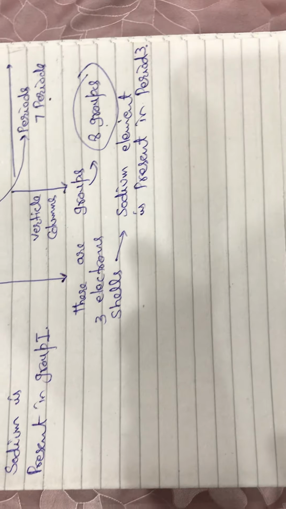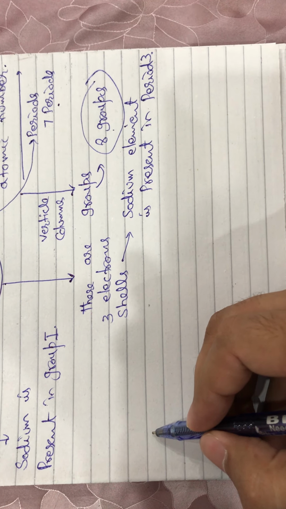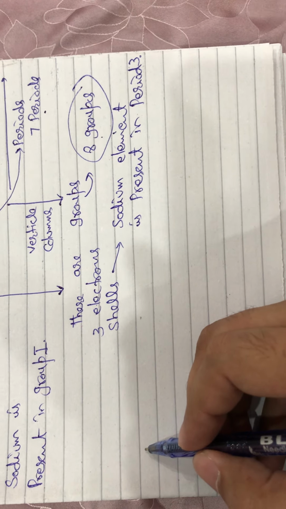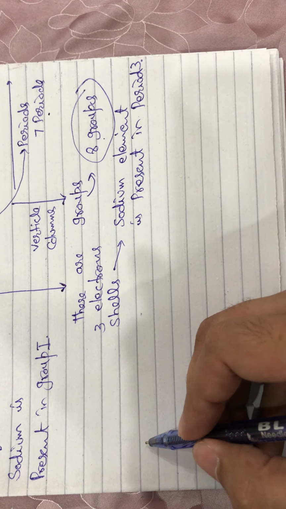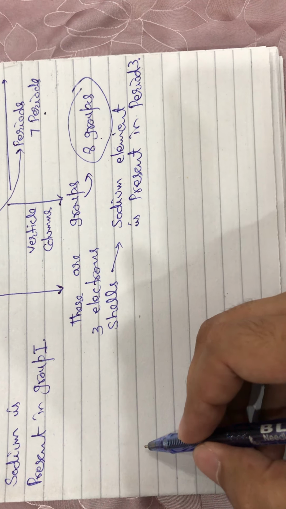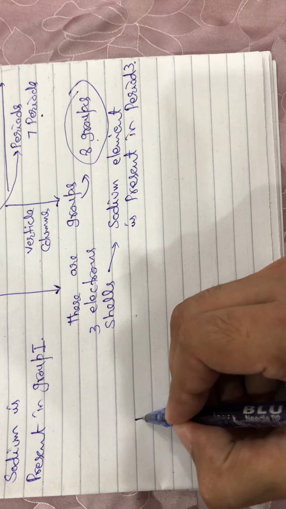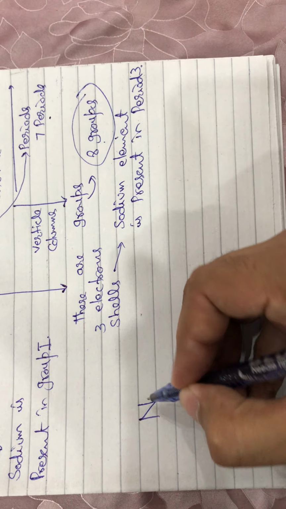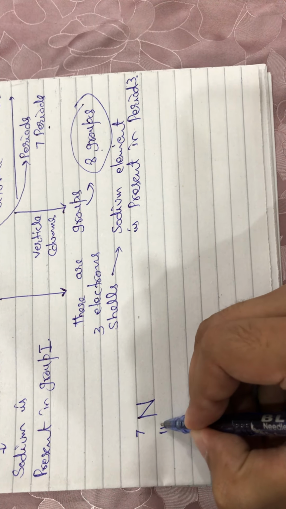We have earlier discussed how we can calculate the number of subatomic particles in an element by using its atomic number and its mass number. Suppose we are taking the example of nitrogen, 7 into 14.